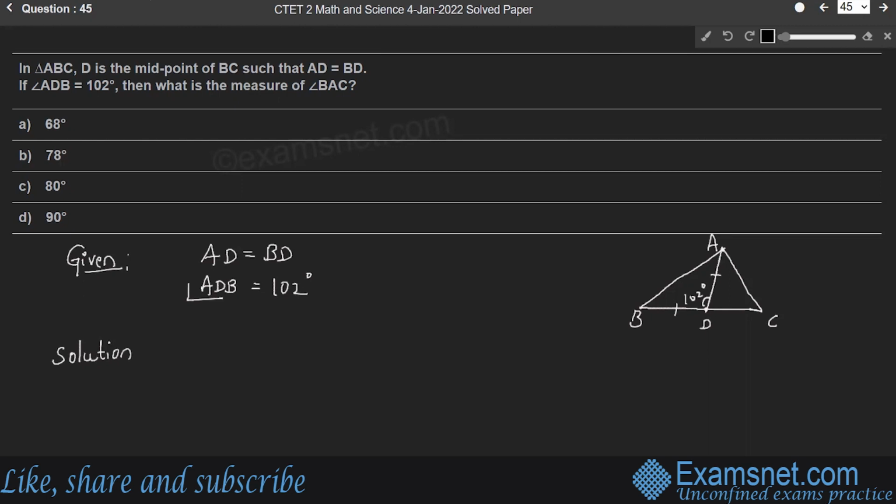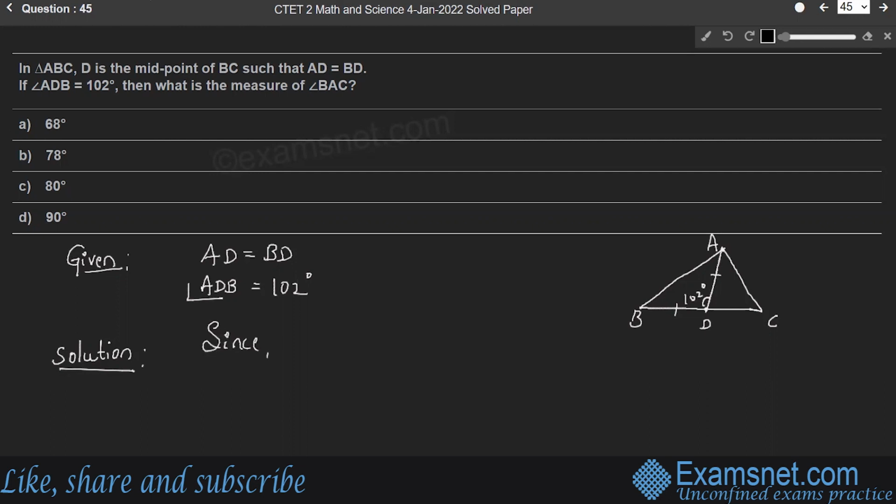Solution here. Since AD is equal to BD, triangle ABD is an isosceles triangle. In an isosceles triangle, angles opposite to the equal sides are also equal. So angle B is equal to angle BAD, right?